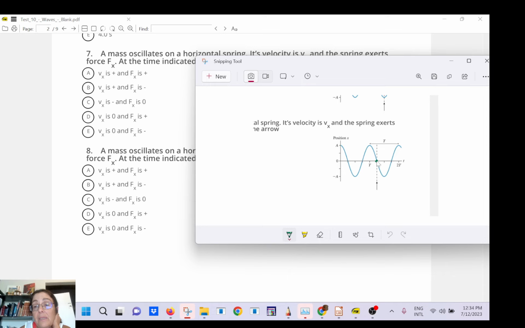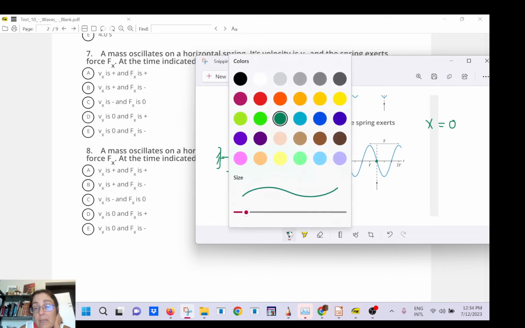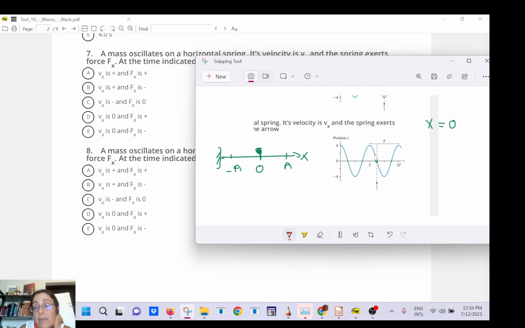So at that position here, you see that x equals 0. So it means it's going through its equilibrium position. So you have 0 here, you have a minus A. So it's there. So I don't know if it's going this way or it's going that way. So let's look again. So you see here, let's look at the slope.